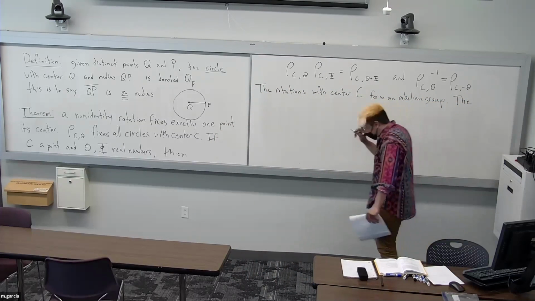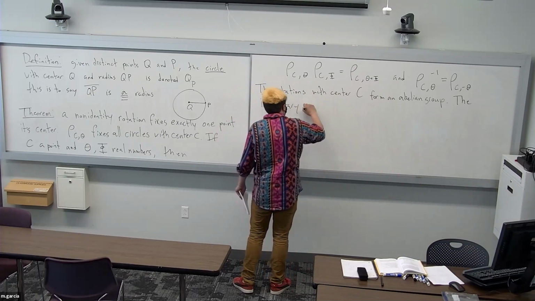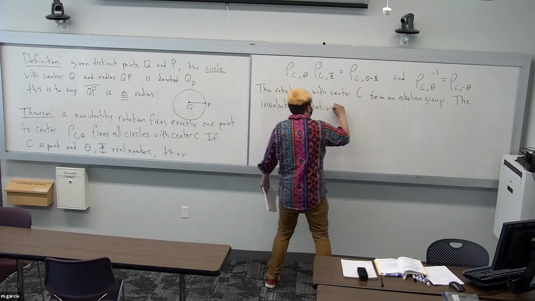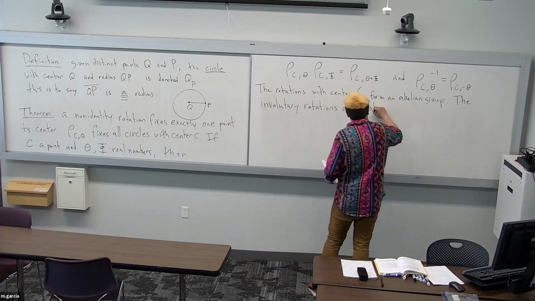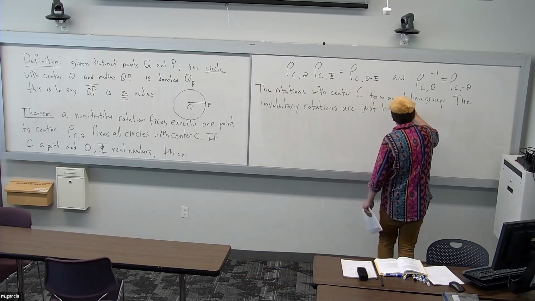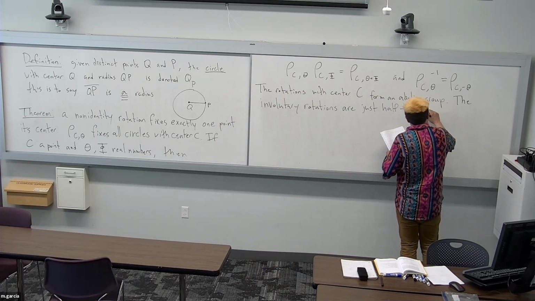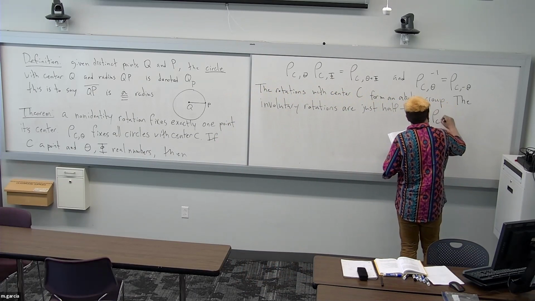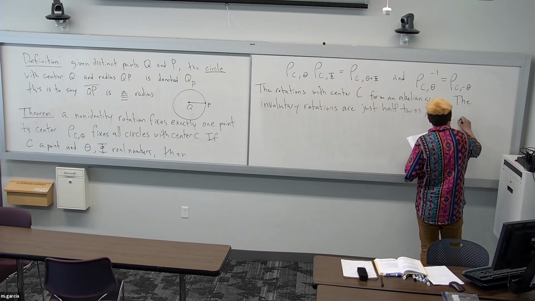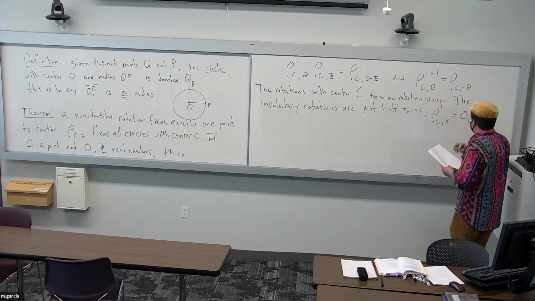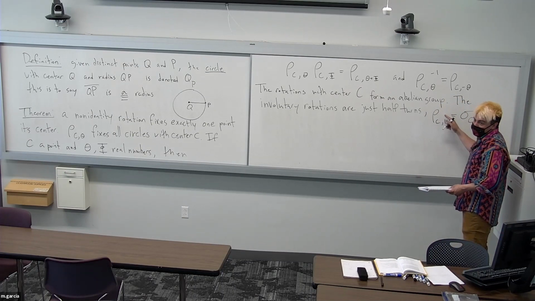The involutory rotations are just half turns. And furthermore, rho sub c comma 180 is just sigma sub c. Okay? We already knew that. That's just new notation, right?